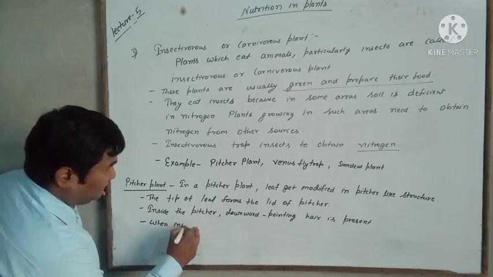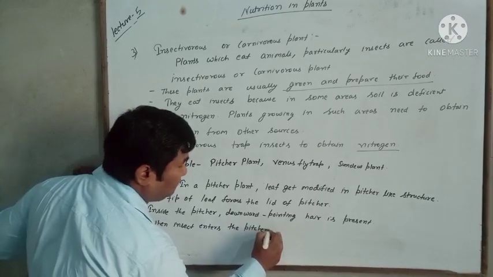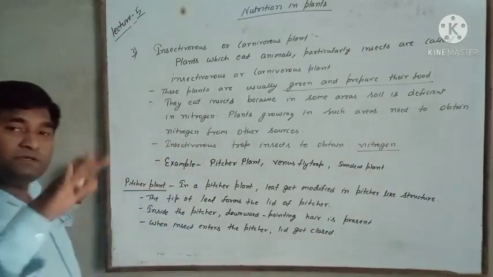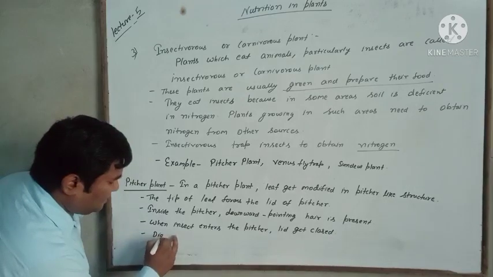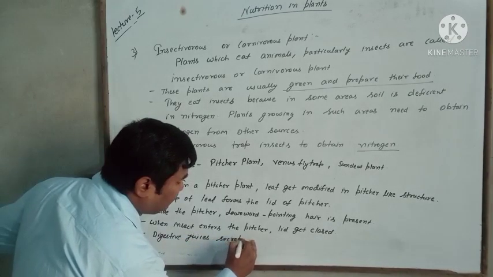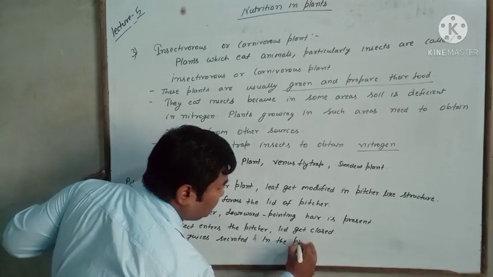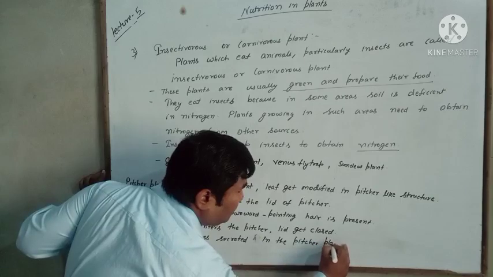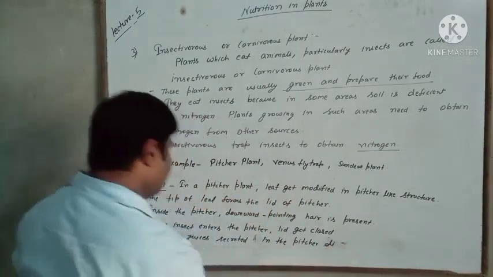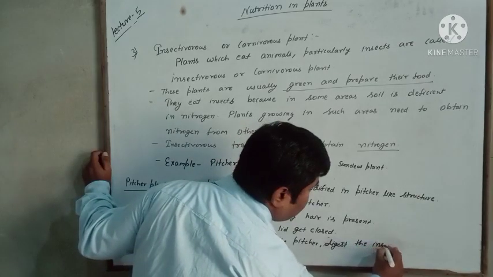When an insect enters the pitcher, the lid gets closed, the lid will close. And the last point, digestive juices are secreted, means released, in the pitcher, or in the pitcher, digestive juice secreted in the pitcher digests the insect.